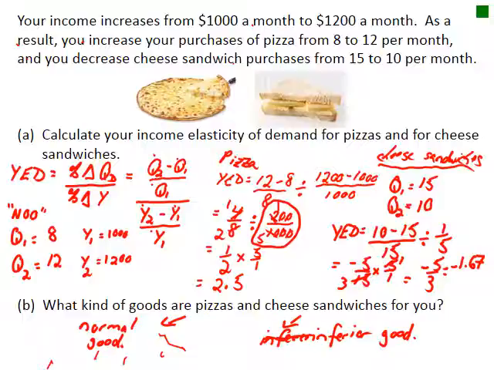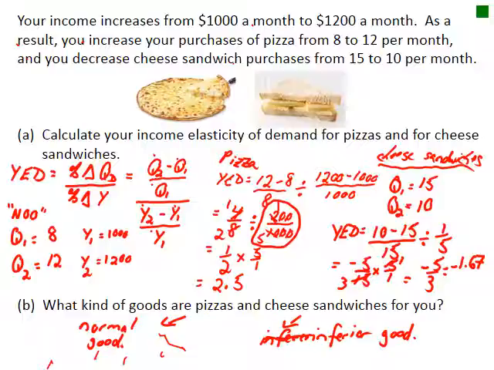So then we have 12 minus 8 is 4 over 8, divided by 200 over 1,000. And our signs are all correct. There's no negatives. So simplifying, we'll have 1/2. Let's get rid of the zeros here, and let's multiply by the reciprocal. So 2/10 becomes 1/5. So we're going to multiply by 5 over 1, which will be 5/2, which is 2.5.